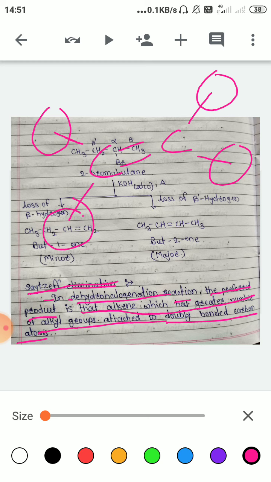If all four valencies are satisfied, that is, the two valencies of the first carbon atom and the two valencies of the second carbon atom are satisfied by alkyl groups, the product will be more stable.